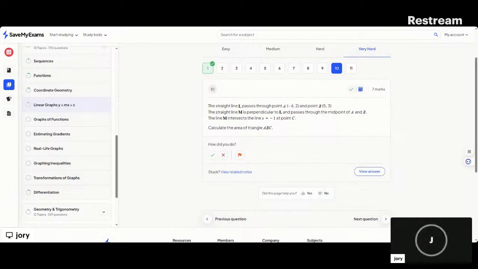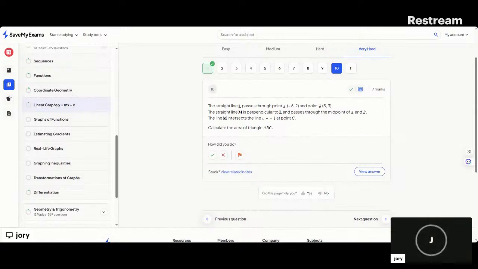And then M to C, distance again, it's x2, so negative 1 minus half, so just add half, squared, it's 0.25, and then 8 minus 5 over 2 squared plus 0.25, and then square root the answer.